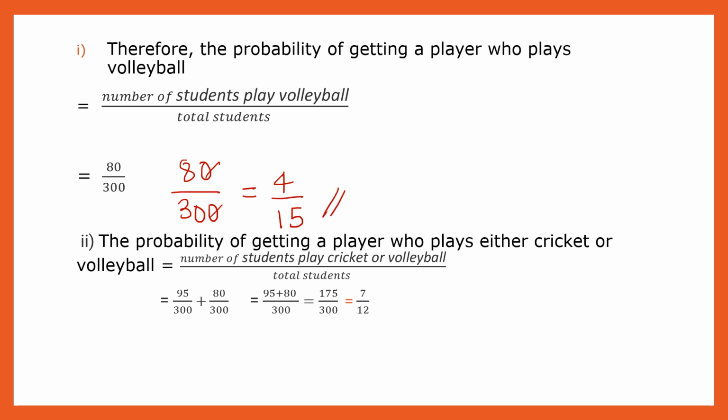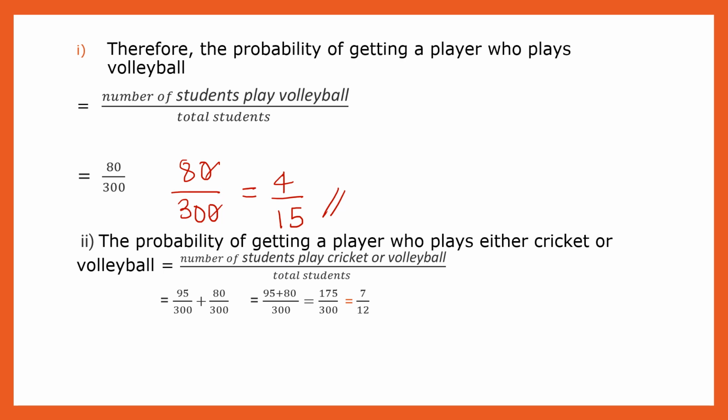Similarly, let's look at another question. The probability of getting a player who plays either cricket or volleyball. Now remember this one thing I told you about the addition rule and the multiplication rule.